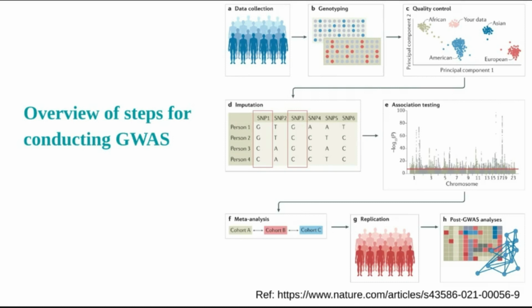And then the next step is the quality check of both, because the phenotypic data also has to be standardized and the genotypic data also has to be standardized. If they are not falling into a certain quality, they have to be checked again and normalized.